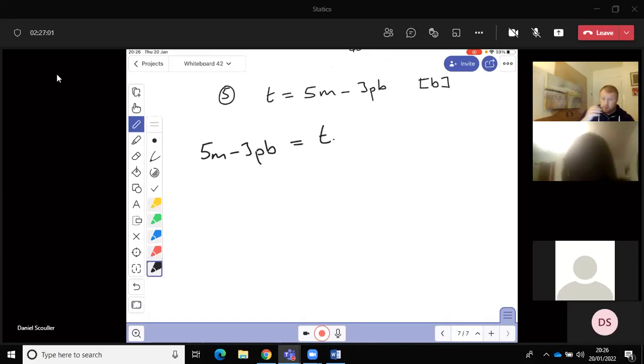Both mean the same thing. We've not changed anything there. We've just swapped the sides. We want to clear everything away from this 3pb. So again, we're doing BODMAS. We're rearranging, so we're going right to left.